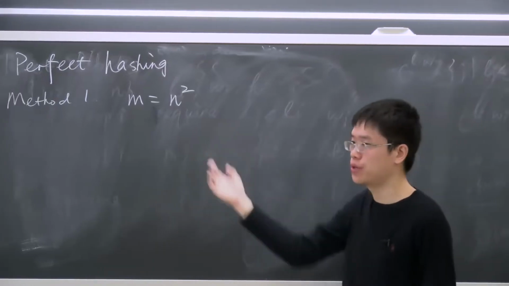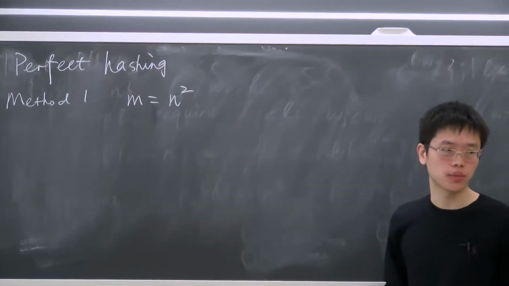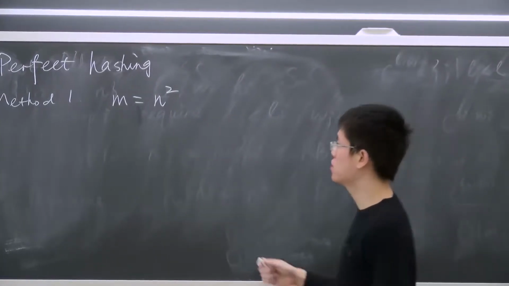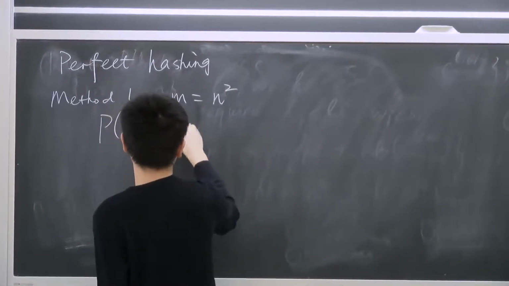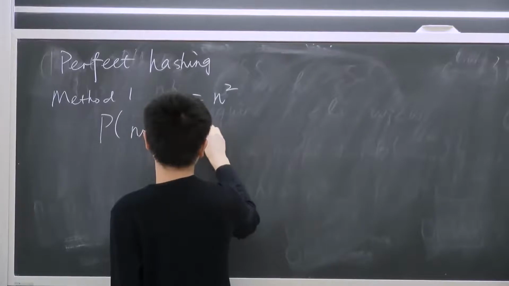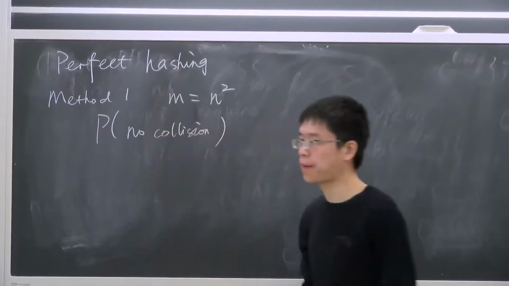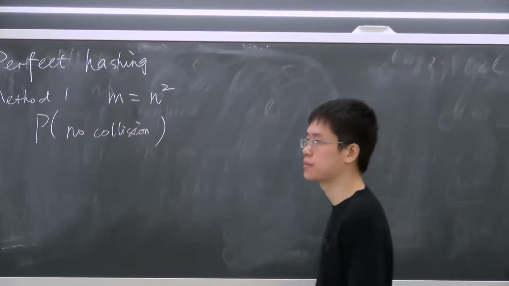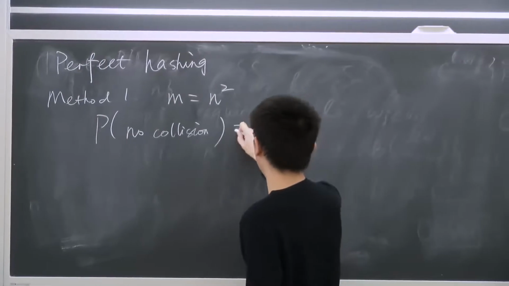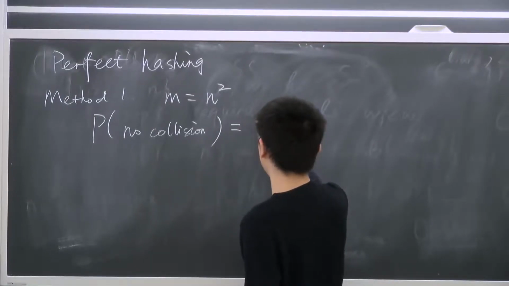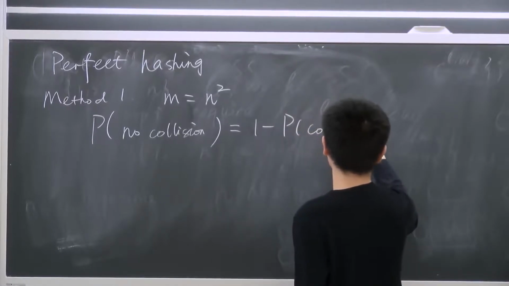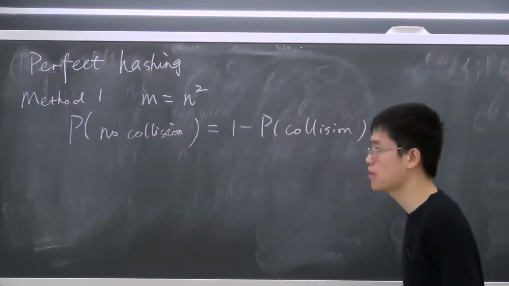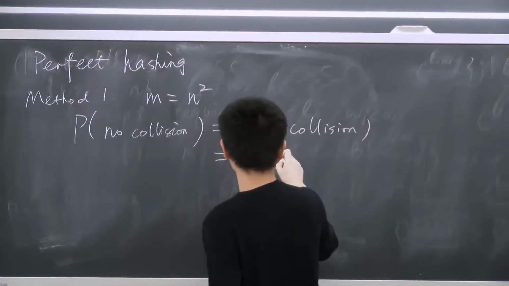I claim this is a perfect hash function with certain probability. Why? Because I want to calculate the probability of no collision. It's 1 minus the probability I do have a collision. And I can use a union bound.